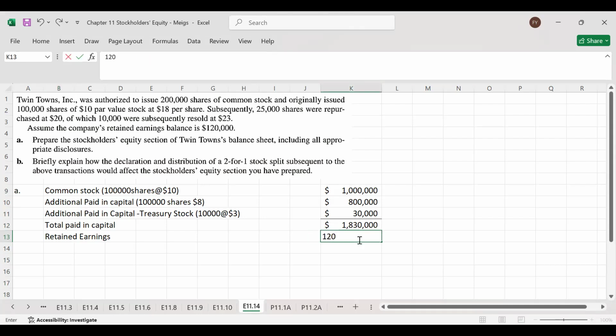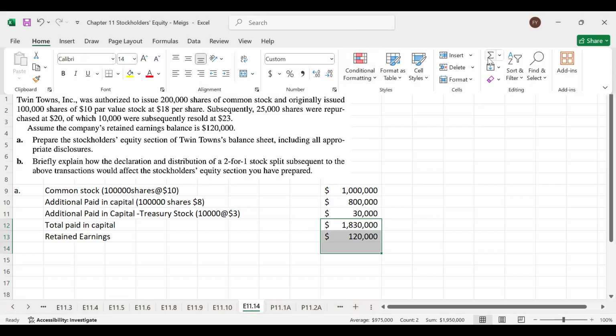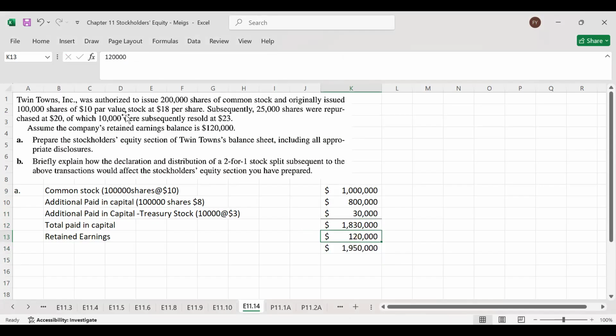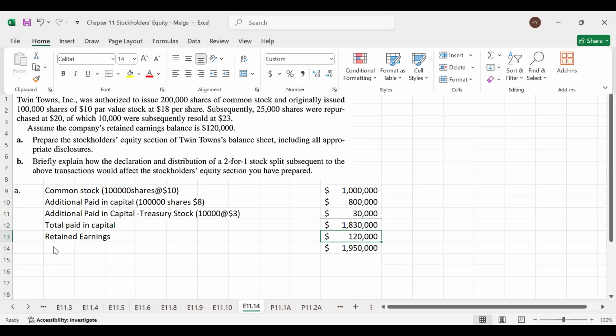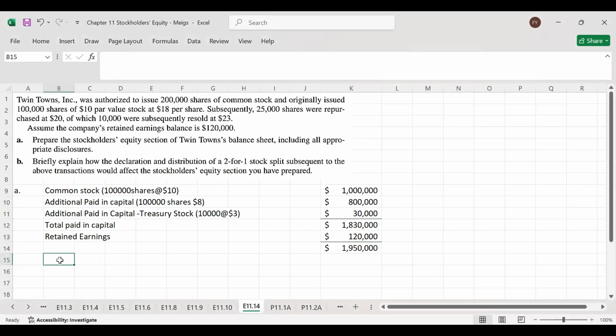So we have $120,000 here. After adding these two, the total stockholders' equity, before the treasury stock adjustment, is the subtotal. Now we are going to deduct treasury stock.